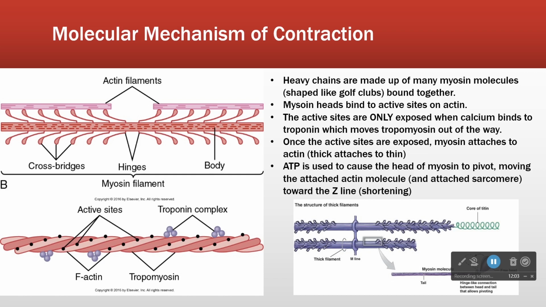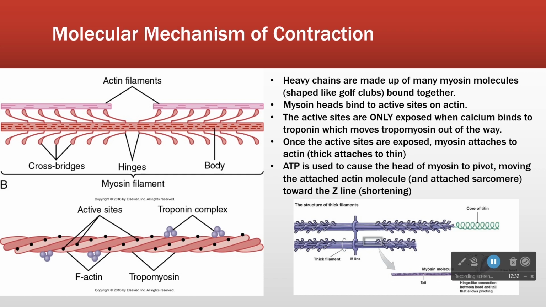Okay, so in a normal resting muscle, the active sites are all hidden. This is important because if they weren't hidden, muscles would be contracting all the time. And we obviously don't want that. So the active sites on the thin filaments are covered most of the time.